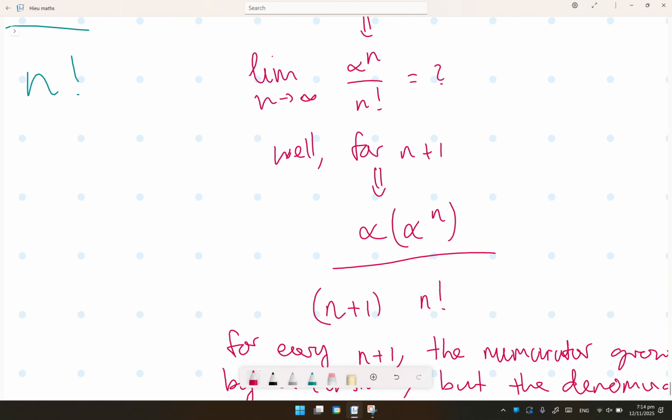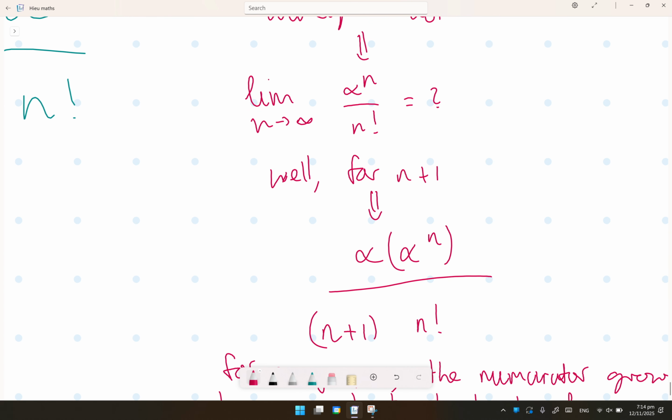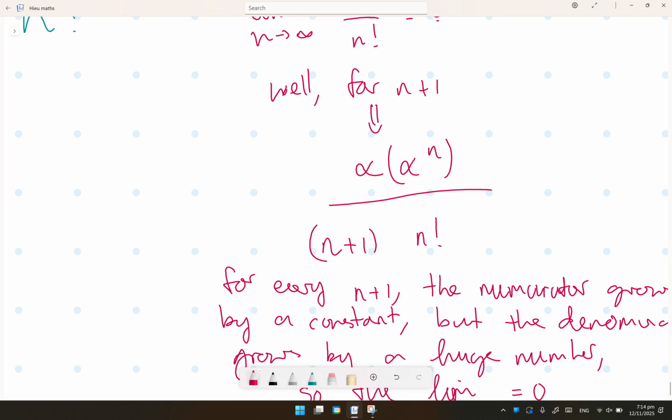So that's the idea. So what we're saying is when we have n plus 1, we think of the next term. What you basically have is alpha^n. So alpha^(n+1) is just equal to this, alpha^n times alpha. Same thing for factorial: (n+1) factorial is the same thing as n plus 1 multiplied by n factorial.